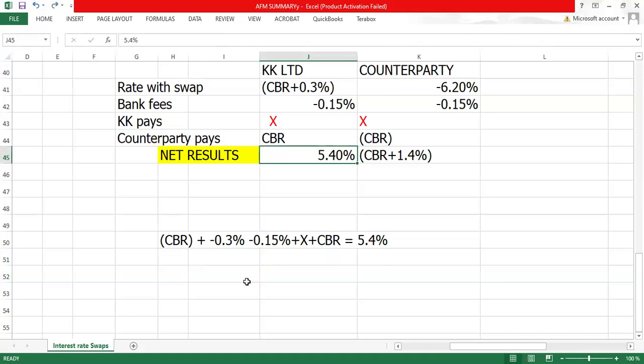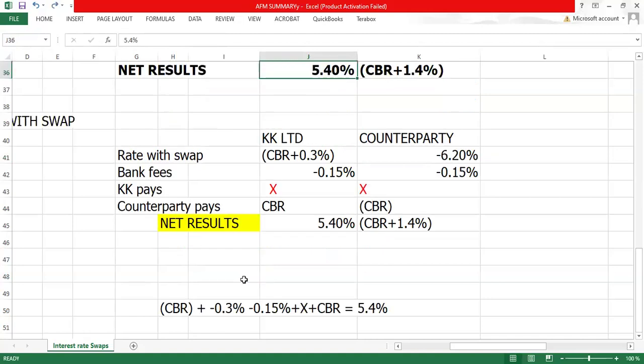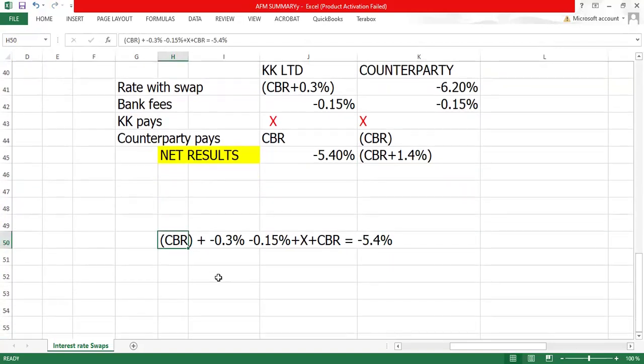I think we make X the subject and then you bring this negative 0.45 to the other side. So here my x will be negative 5.4%.